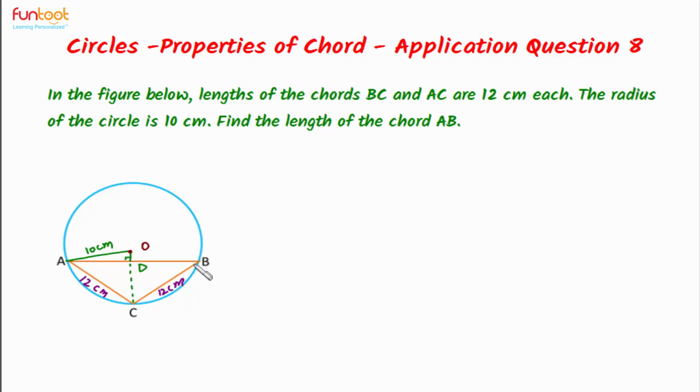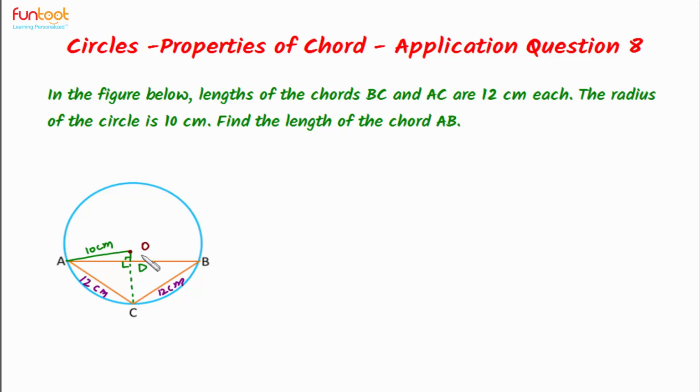So in triangle ABC, we have opposite sides equal, so this is an isosceles triangle. And we know that D is the midpoint of AB, so CD is the median. And we know the property that in an isosceles triangle, median is also the altitude. So that means CD will be perpendicular to AB, and that means this is a right angle triangle.